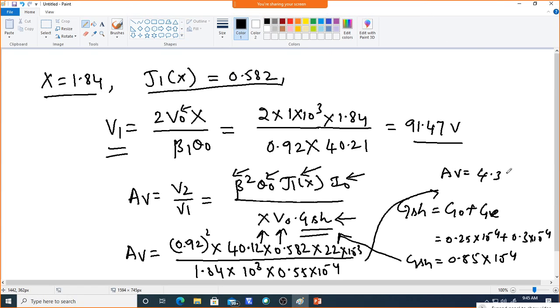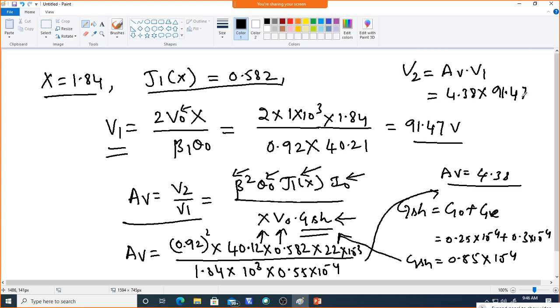Okay, it is correct. So now we need to calculate V2, which is given by AV into V1. From this equation we calculate V2, which is 4.38 into V1. What is V1? V1, which we got, is 91.47.